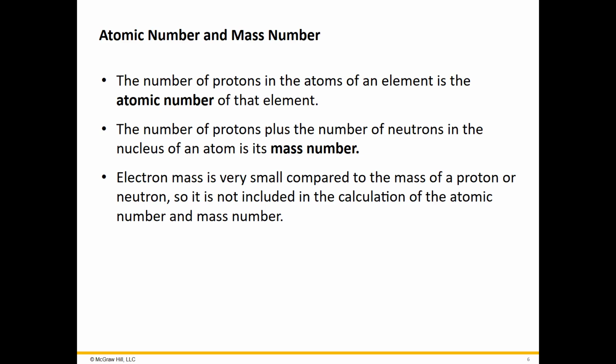Remember, electrons are so incomprehensibly small that we treat them as if they barely exist and don't have a weight. So they don't affect the mass or the weight of an atom. So if we're talking about the mass of an atom, it's the number of protons plus the number of neutrons. If hydrogen has 1 proton and 1 neutron, its atomic number is 1, and its atomic mass, or its mass number, is 2.